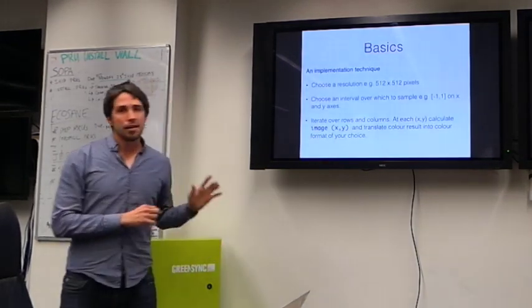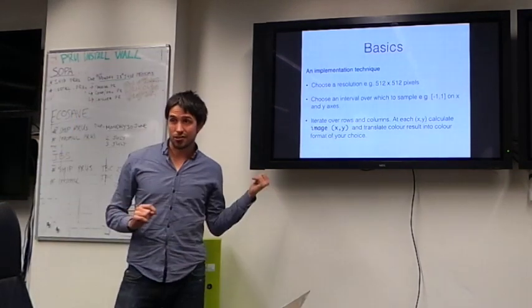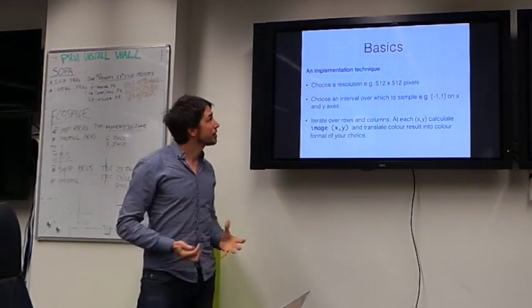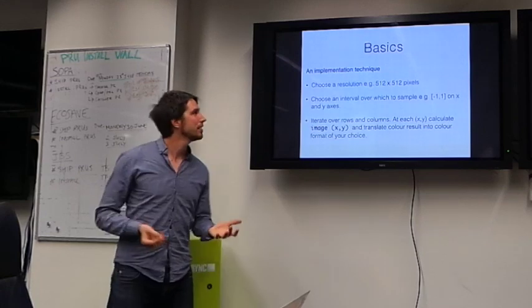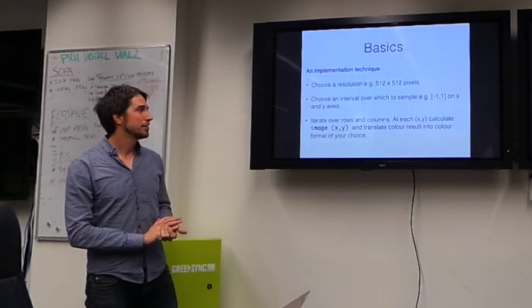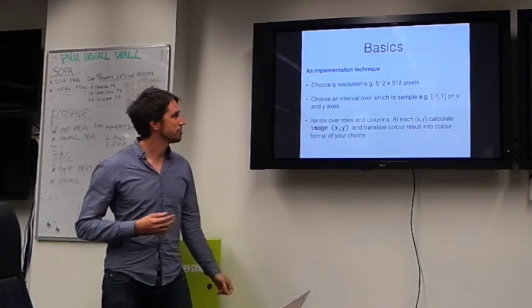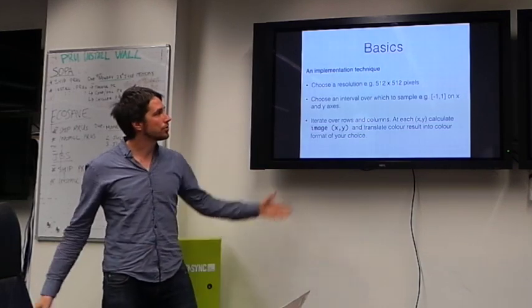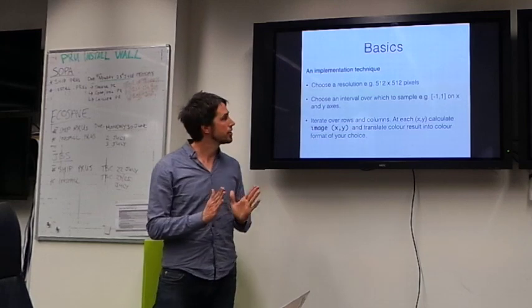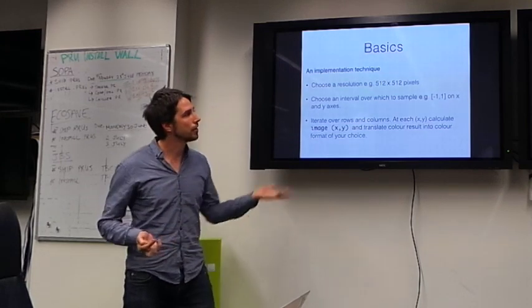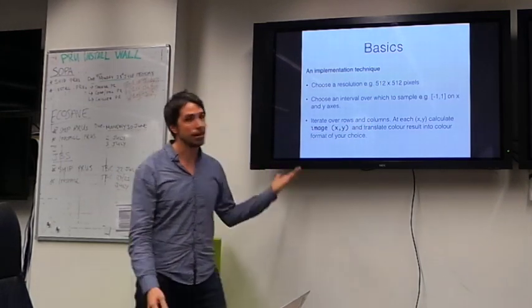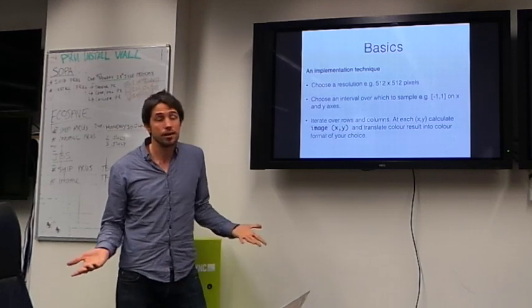So 2D images specified this way have a really basic implementation technique. Choose a resolution that you want the final image to be, say 512 by 512 pixels. Choose an interval on the actual image that you want to sample over, so that could be between -1 and 1 on the x and y axes, but it could be anything.